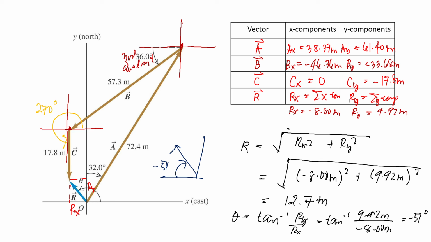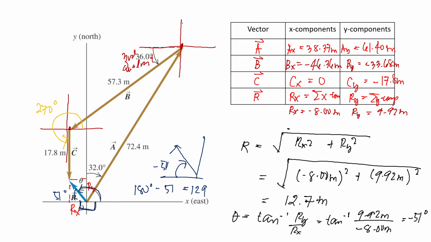If you wanted to measure the angle from your positive x toward here, your theta is 180 degrees minus 51. Since this is all at 180 degrees, I subtract 51 from 180, and then we get an answer of 129 degrees.